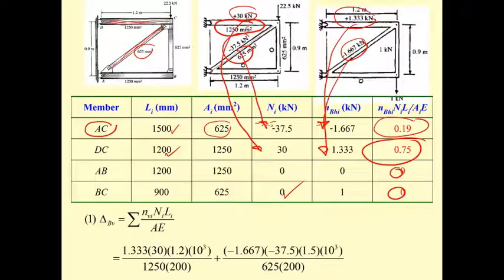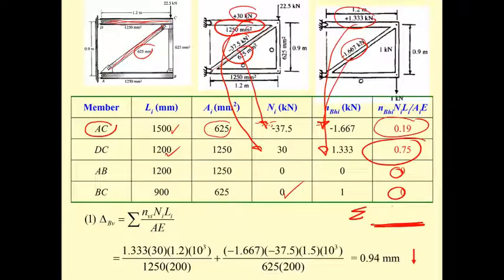And now you get the total of this. Most of the time, you have to put this into the summation over here. Then what you get is 0.94 millimeter.